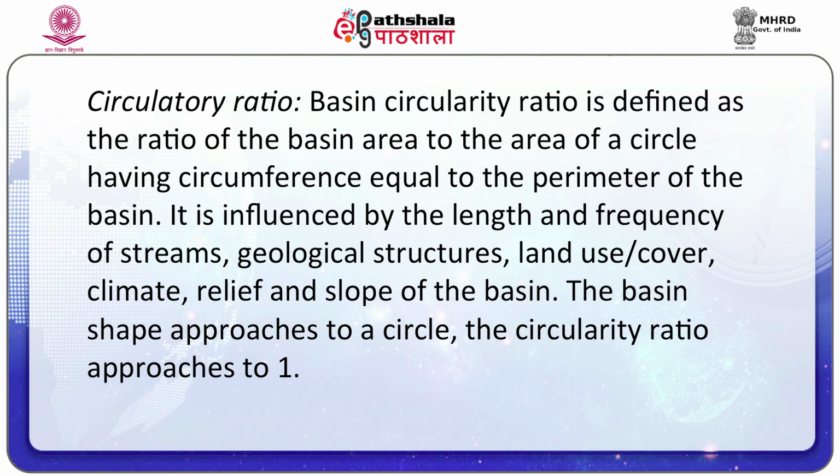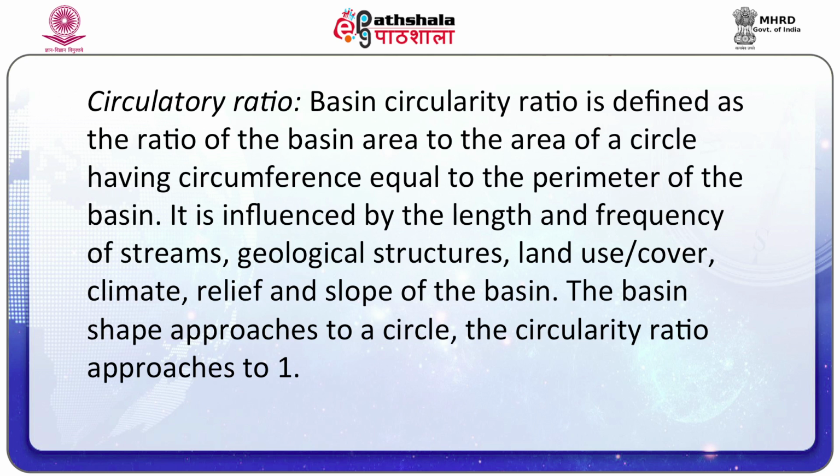Circulatory ratio. Basin circulatory ratio is defined as the ratio of the basin area to the area of a circle having circumference equal to the perimeter of the basin. It is influenced by the length and frequency of streams, geological structures, land use, land cover, climate, relief and slope of the basin.